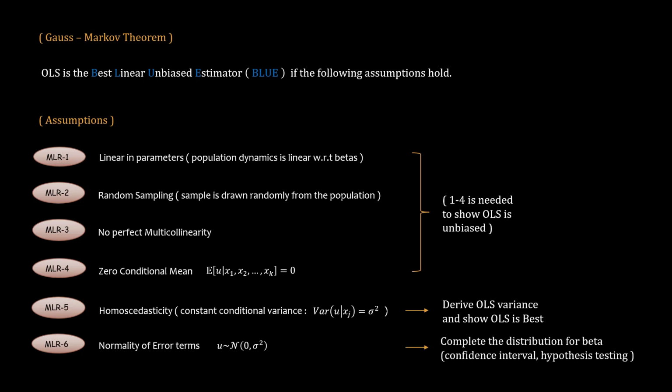Normality assumption is only needed to completely specify the distribution of OLS, which in multiple regression case will be a multivariate T distribution. Once the distribution of the parameter estimates is available, then we can create confidence intervals for true parameters and perform hypothesis testing as we did before.